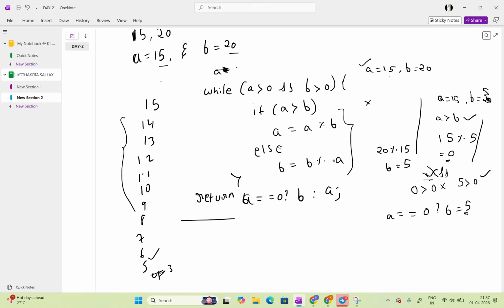So by applying the modulus method, we minimize the number of iterations, and we are finding the GCD of two numbers. I think you got a good clarity of it. While typing the code, you'll get a good clarity. Okay, don't worry.